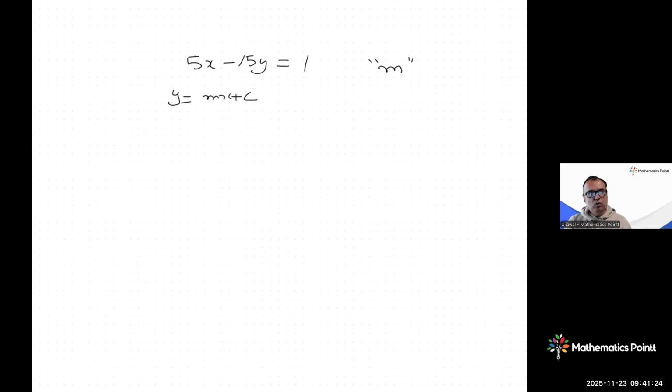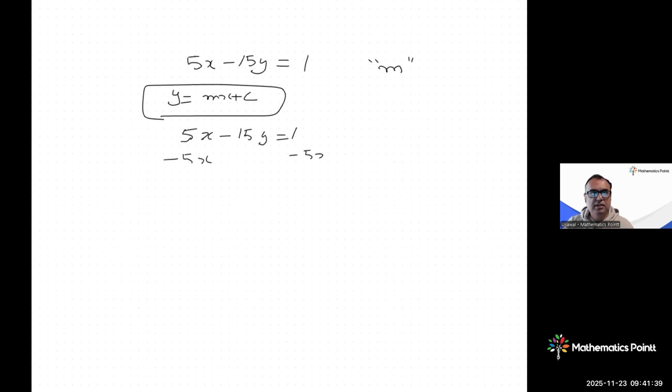Now I want y equals mx plus c. All right, I've got 5x. I'm just solving it quickly, just be with me. I'll add a negative 5x on both sides. So it is negative 15y equals negative 5x minus 1.